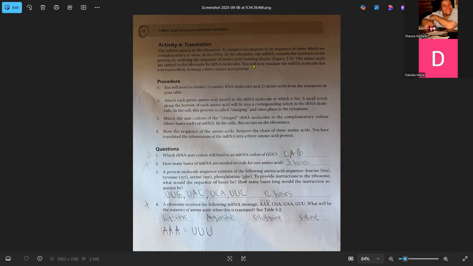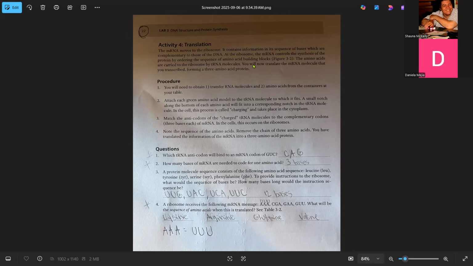At the ribosome, the messenger RNA controls the synthesis of the protein by ordering the sequence of amino acid building blocks. The amino acids are carried to the ribosome by tRNA molecules, transfer RNA molecules. You will now translate the messenger RNA molecule that you transcribed, forming a 3 amino acid protein.